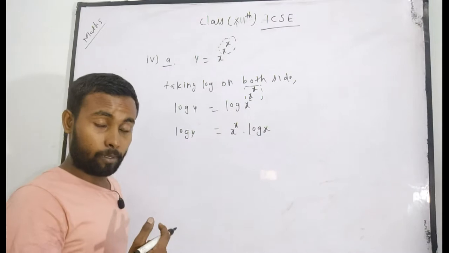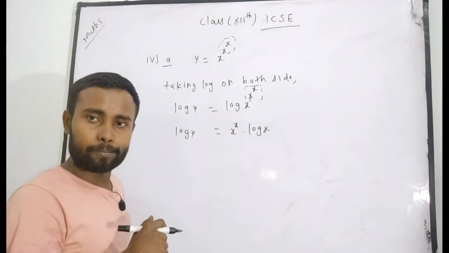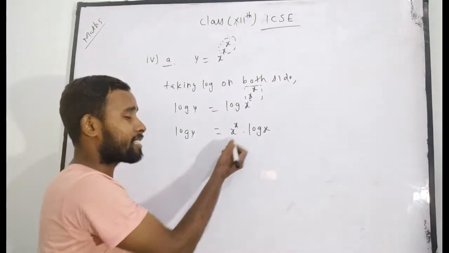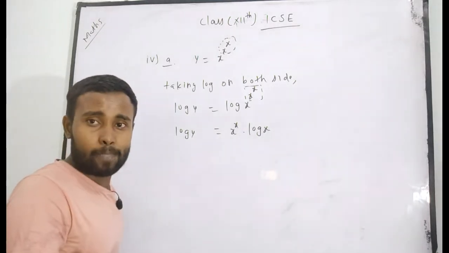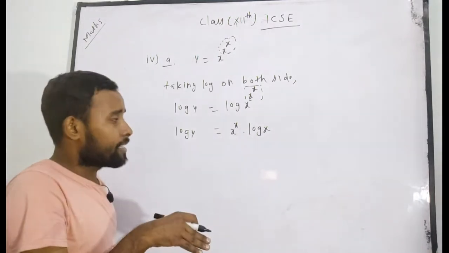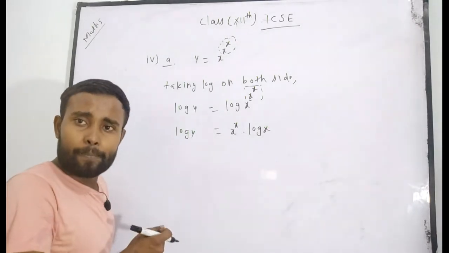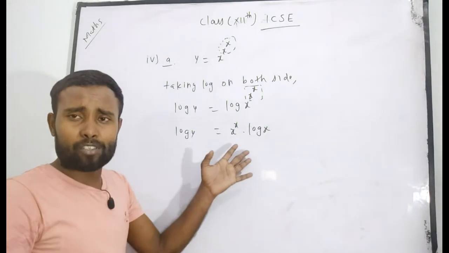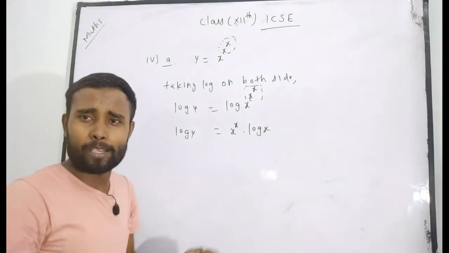And there is also another way. As you know, x to the power x is not a simple expression that can be differentiated easily. I think I have already discussed that the derivative of x to the power x is equal to x to the power x into (1 plus log x).